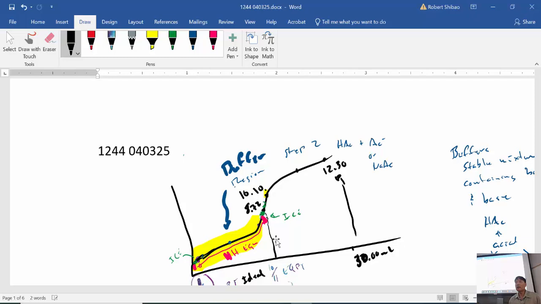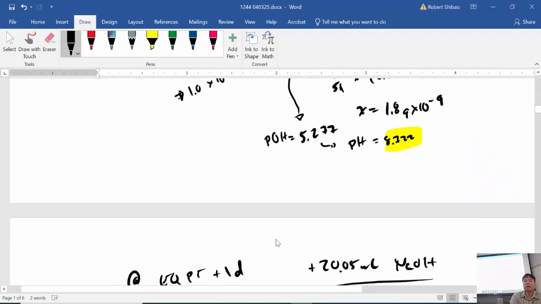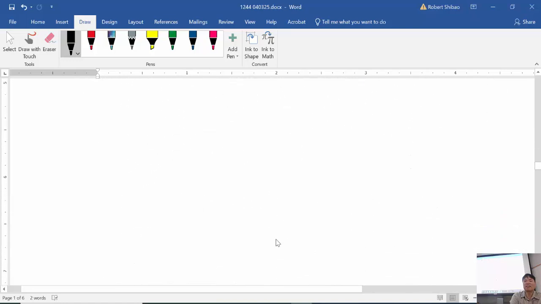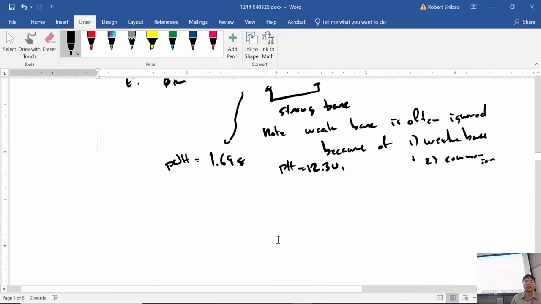Okay, the next type of calculation is that I want a pH of 11.00. How many milliliters will it take to get to a pH of 11? If I want a pH of 11 and I want to know how many milliliters, it's all the same. I prefer going forward here.